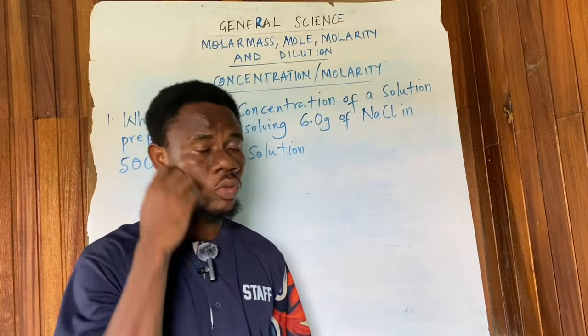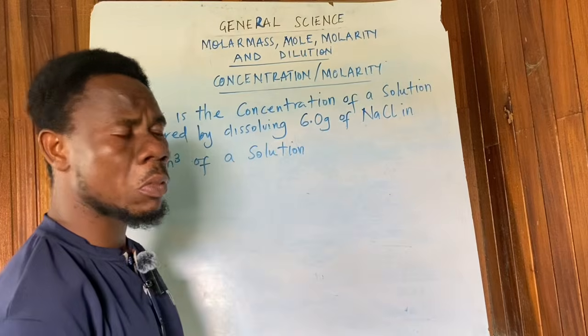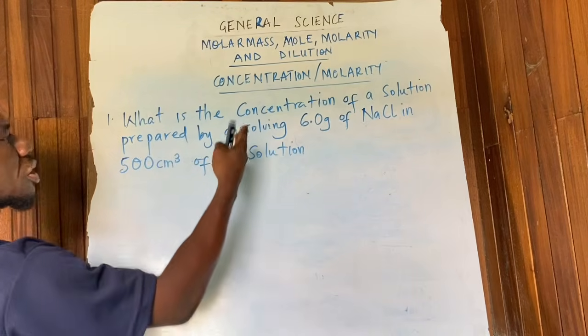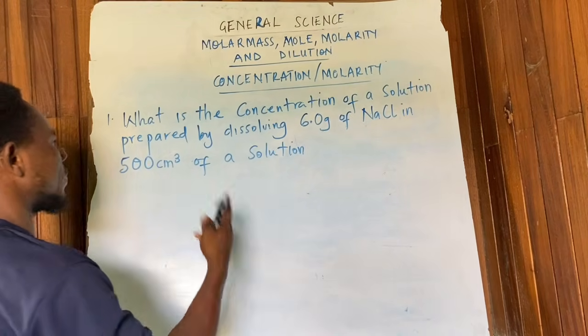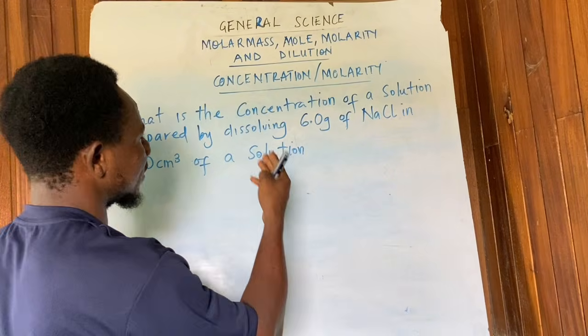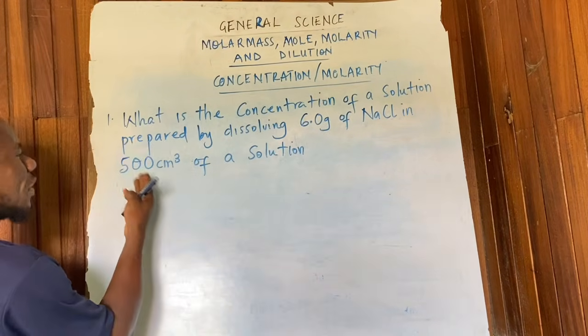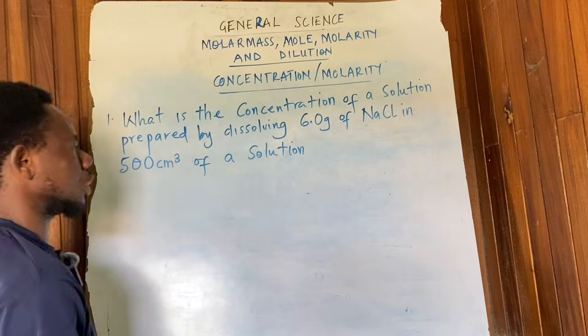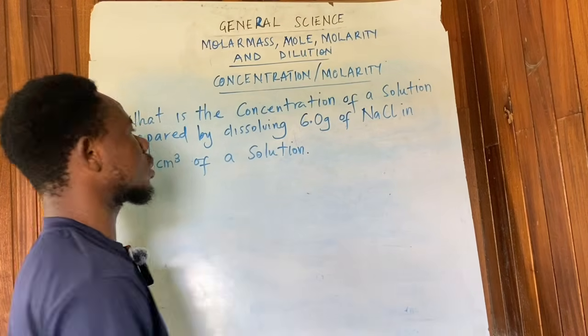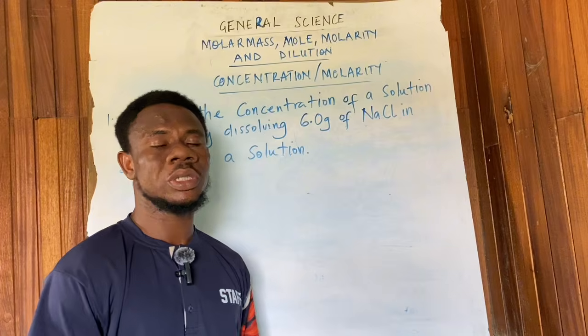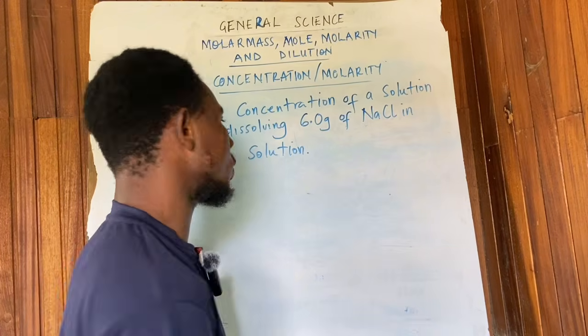Okay, so our first question on concentration or molarity is, what is the concentration of a solution prepared by dissolving 6.0 grams of sodium chloride in 500 cm cube of a solution? It says, what is the concentration? This means we are finding our concentration.